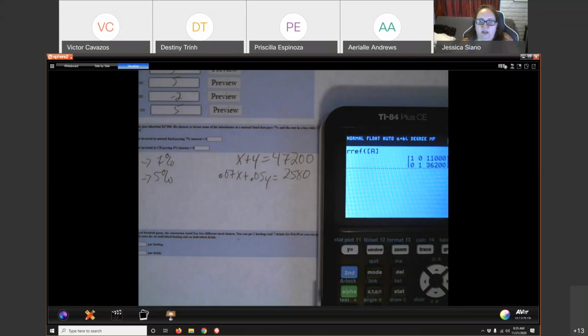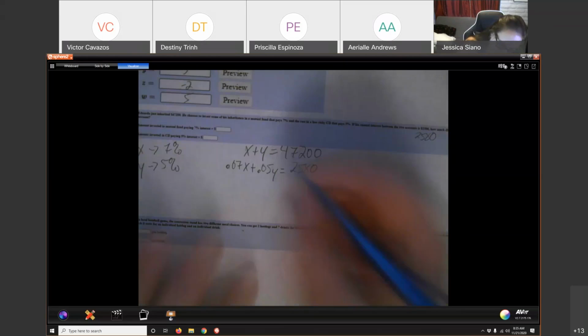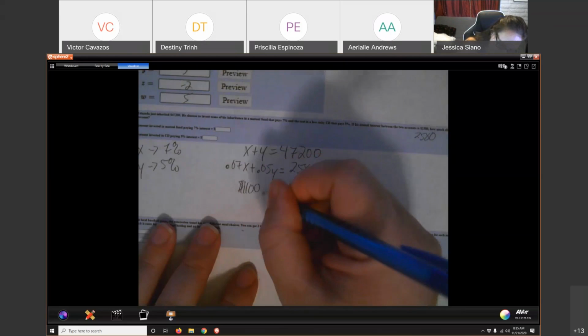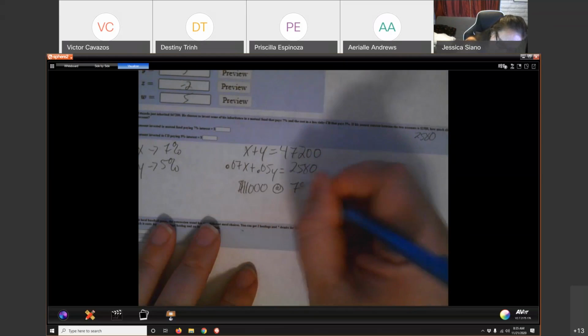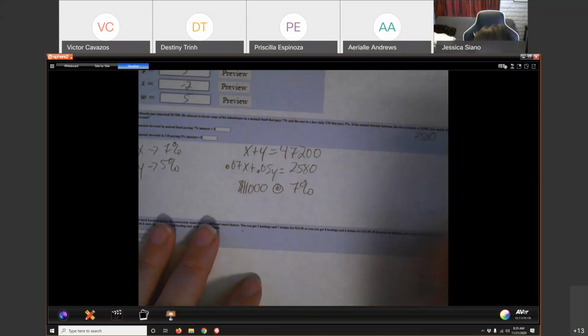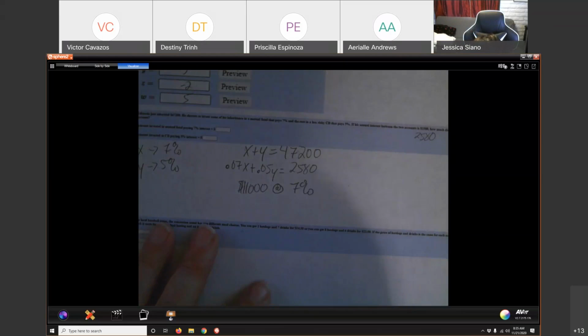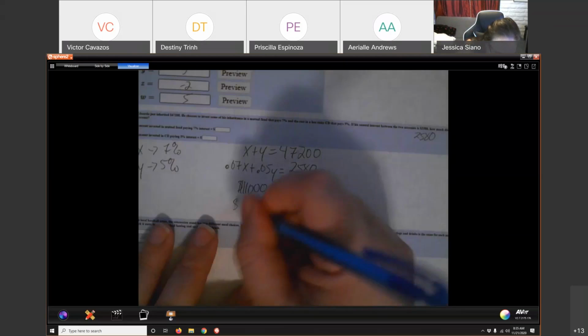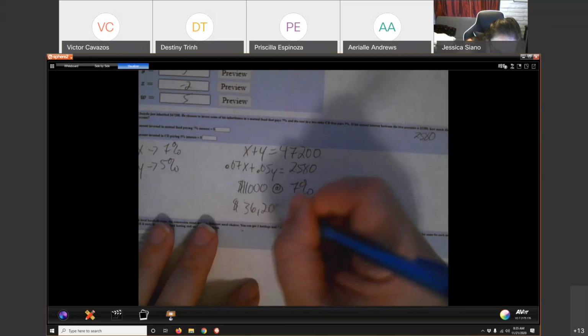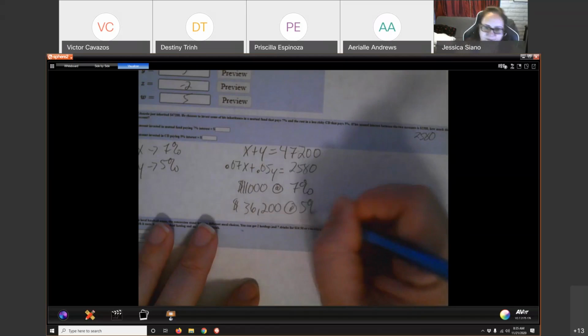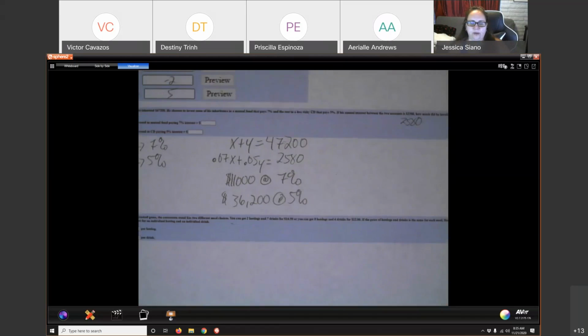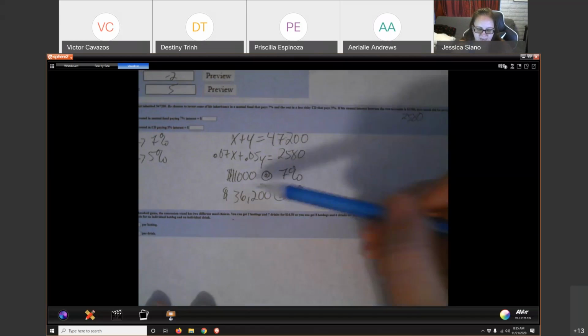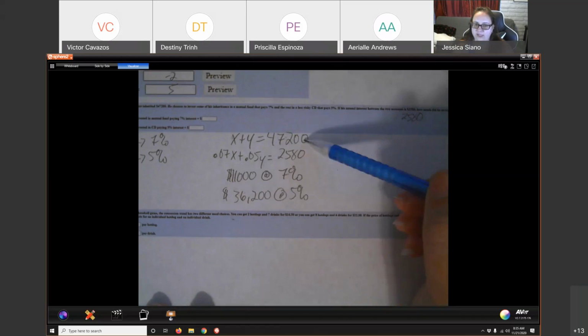So he invested $11,000 at 7% and $36,200 at 5%. And I would check this, honestly. It takes 2 seconds, but if we add these together, we do get 47,200.